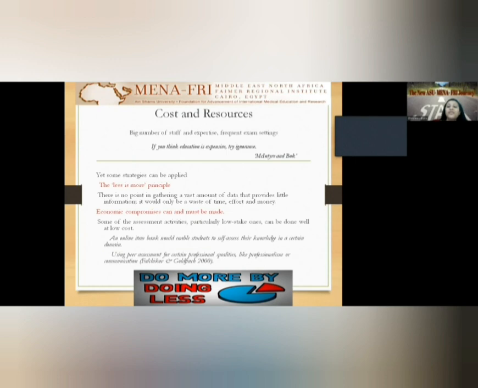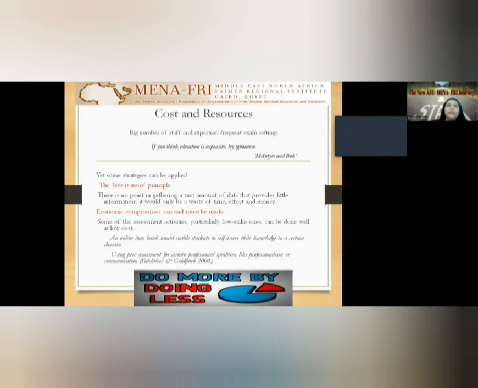Here come the costs and resources. Of course, programmatic assessment may be costlier than traditional methods, especially as it needs a big number of staff and expertise and frequent assessment settings, but we can use some strategies to decrease this cost, like the less is more principle. We know that programmatic assessment depends on collecting data to reach a decision at the end. Then we have to keep in mind that every single data point should be meaningful.